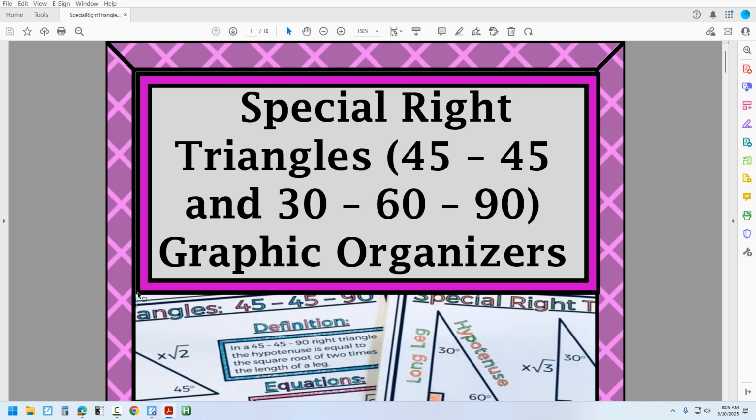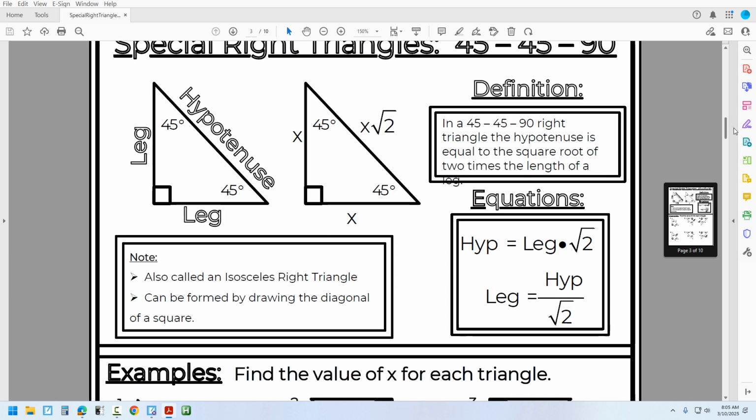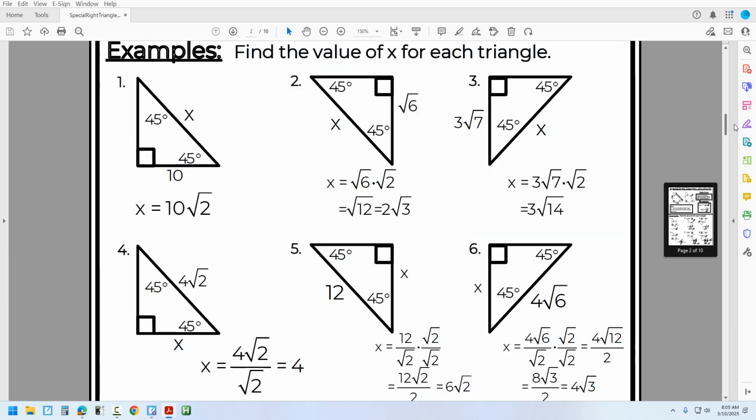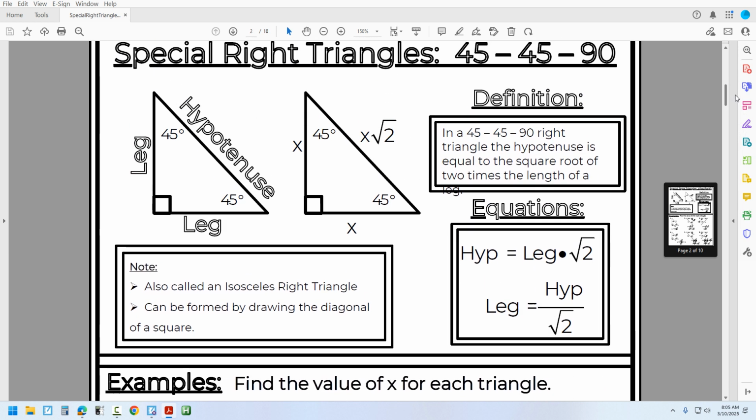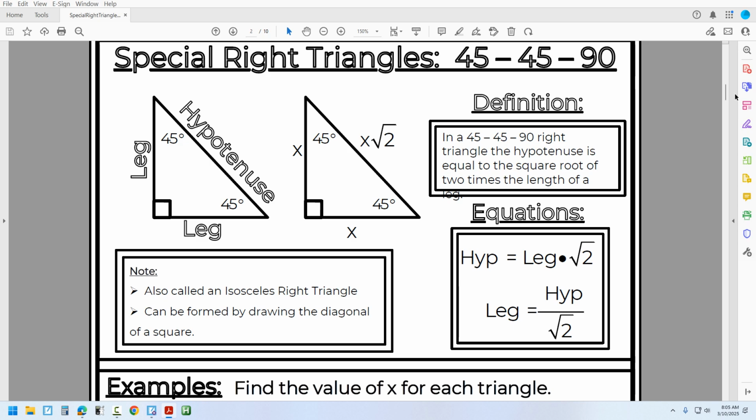Okay, let's take a look. This is a picture of a 45-45-90 right triangle. This sheet has some more information on it that yours does not. There's a few things we want to write down.